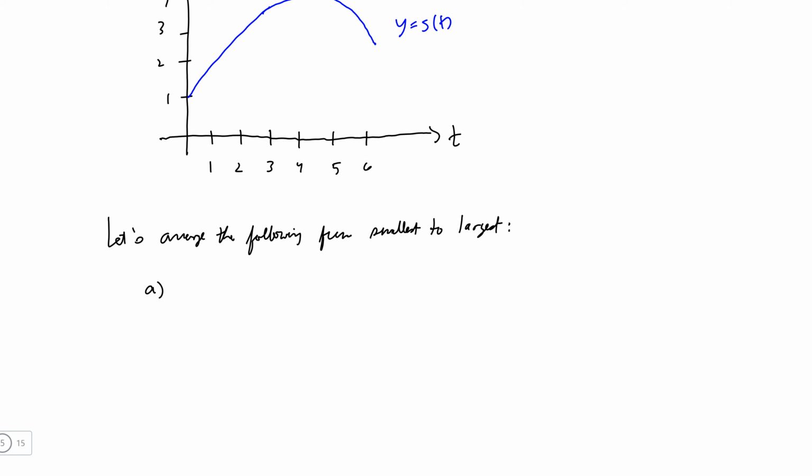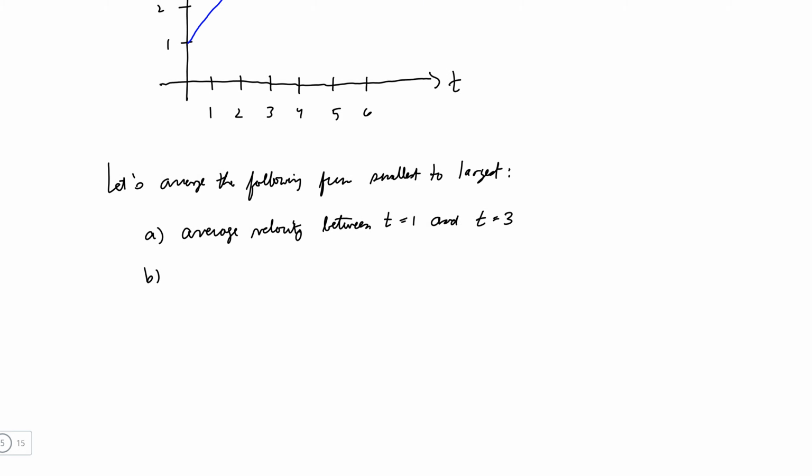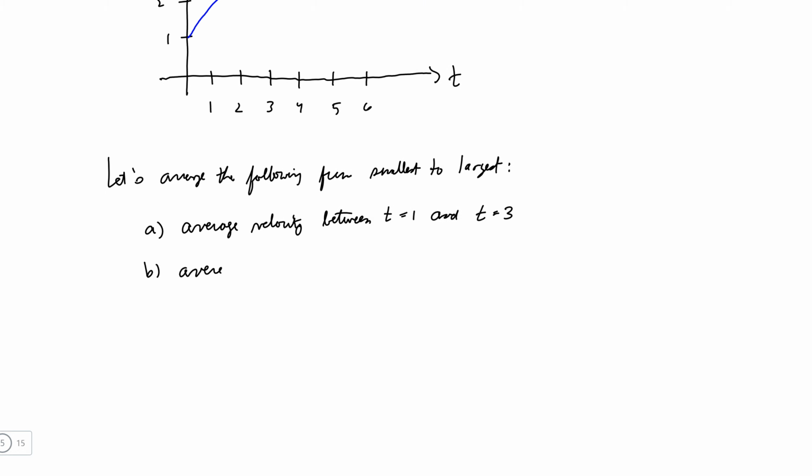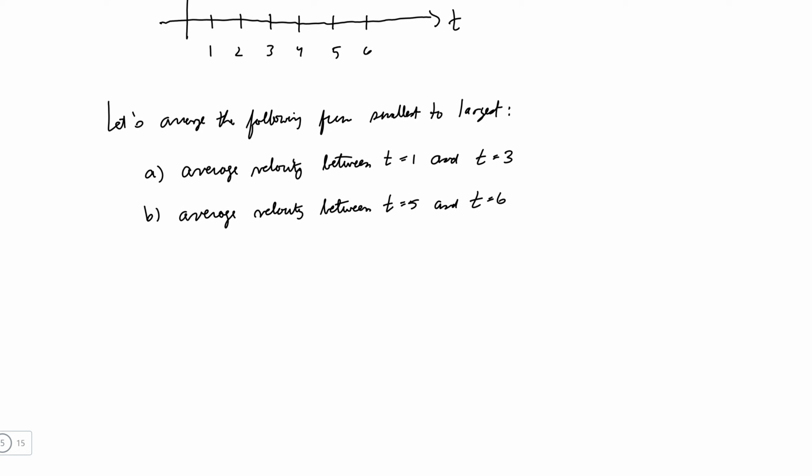The first thing, the average velocity between t equals 1 and t equals 3. The second one, the average velocity between t equals 5 and t equals 6.